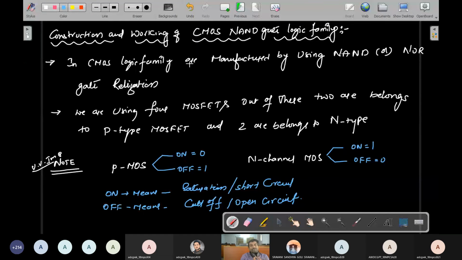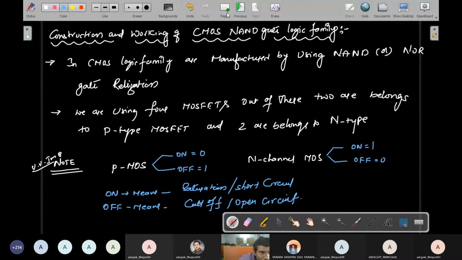So every time you can understand the operation by knowing these 2 points. It's very important. If you remember these 2 points, then only you can understand the operation of CMOS NAND gate.